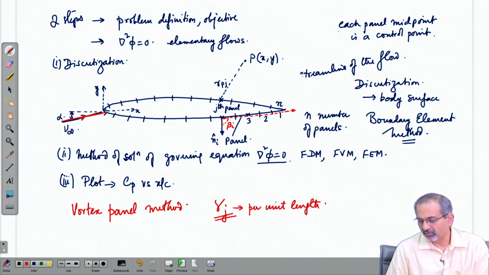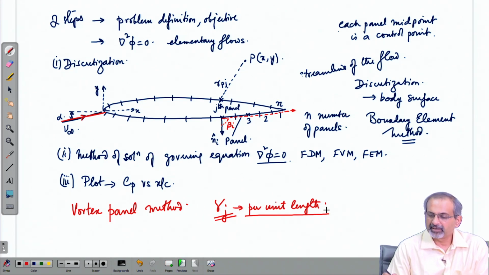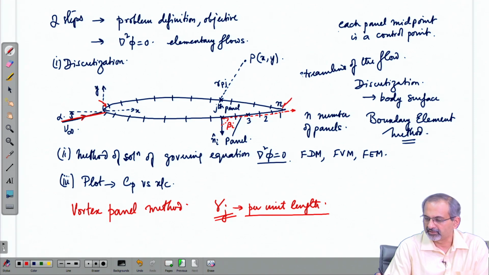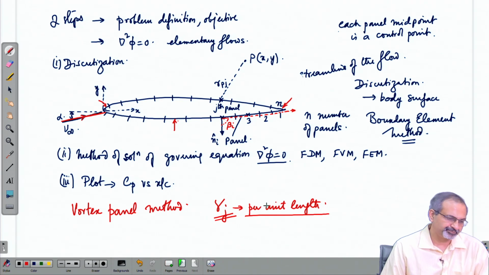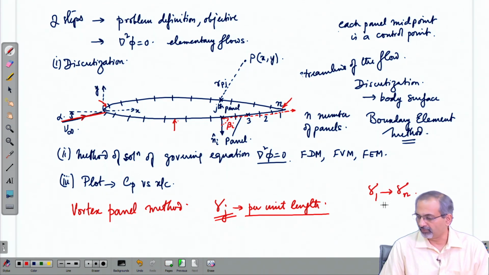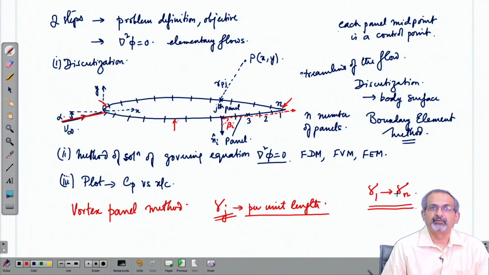Each panel can be of a different length. There are very short ones near the nose, comparatively shorter ones near the trailing edge, but bigger ones here, for example. That is why per unit length. So, ultimately, from gamma 1 to gamma n, you would have to solve for the strength of all these vortices along the panels on a per unit length basis.